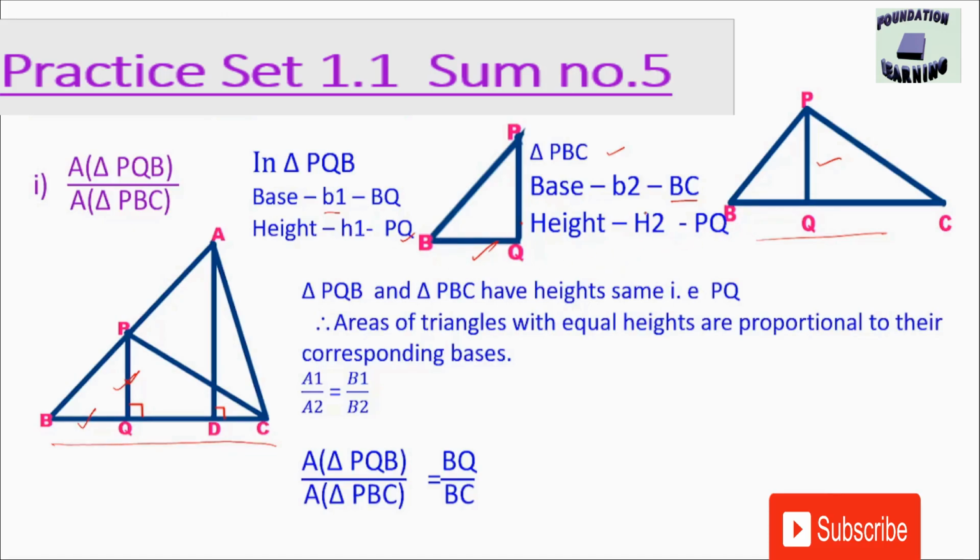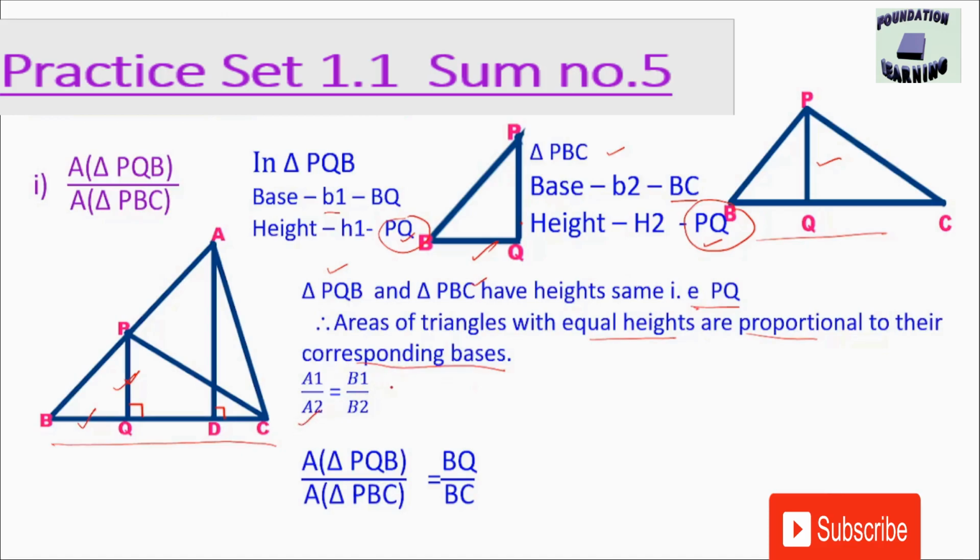Okay, so height is PQ. Now what is common in both? You can see PQ is common. Triangle PQB and triangle PBC have the same height, that is PQ. Therefore, area of triangles with equal heights are proportional to their corresponding bases. This is the property. And what is the formula?